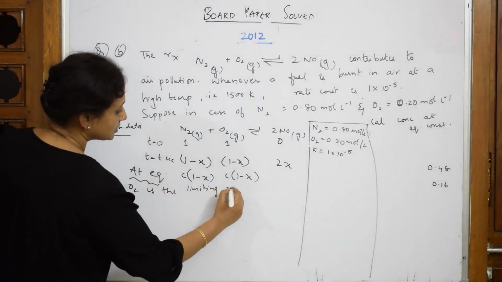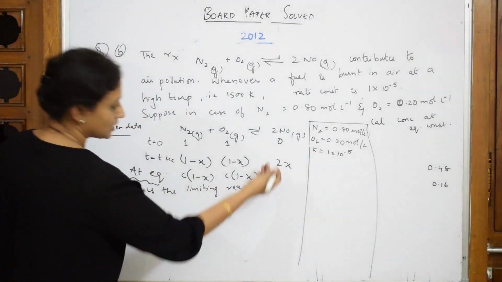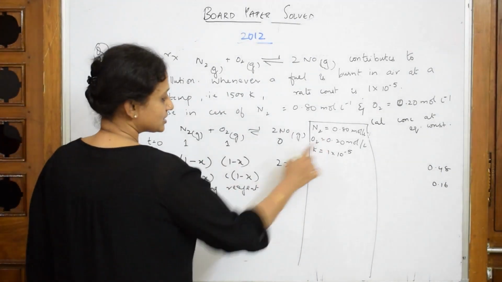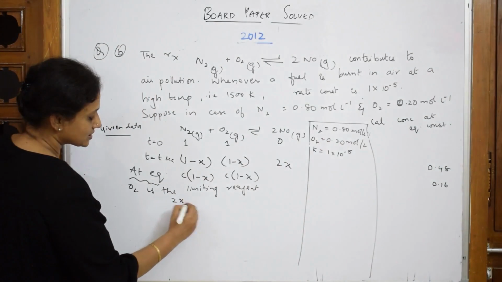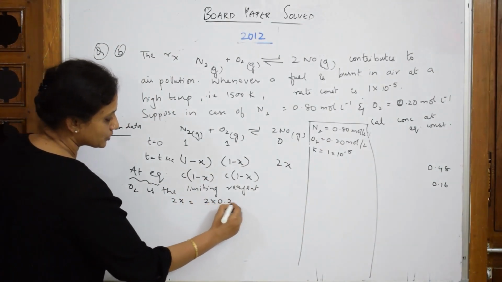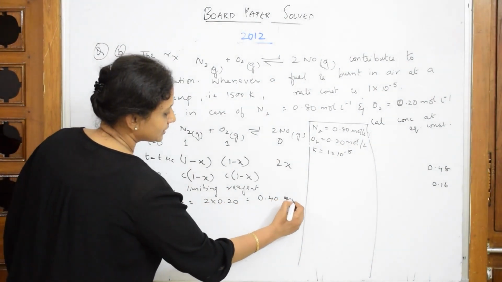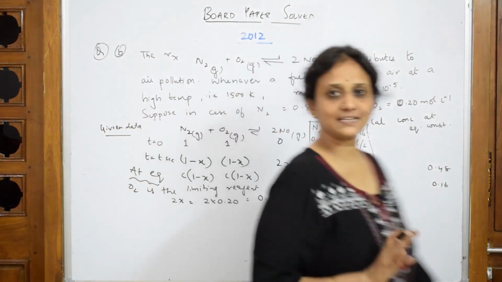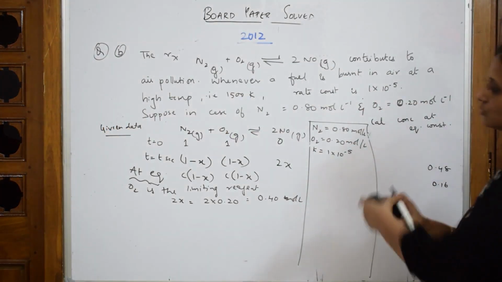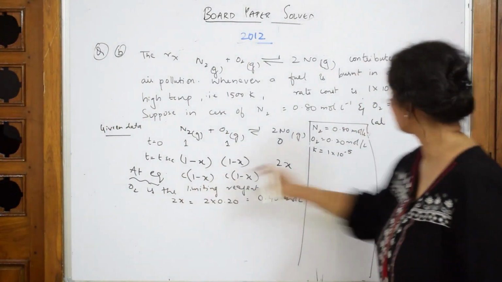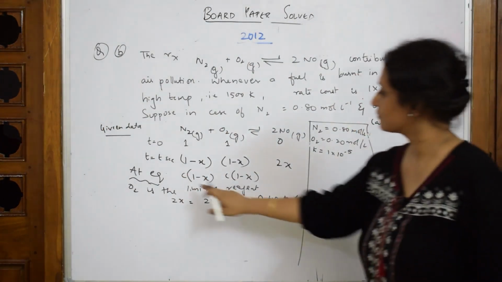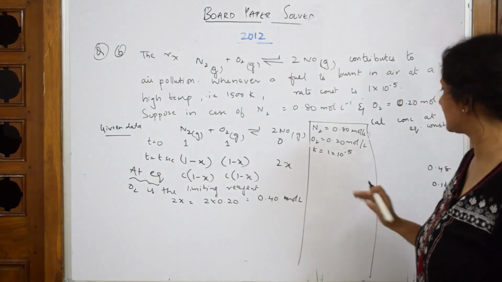Now I can use that oxygen value in this 2X. So 2X is equal to 2 into 0.20, which is 0.40 mole per liter. Now I've got the X value, and I can easily find C minus X.